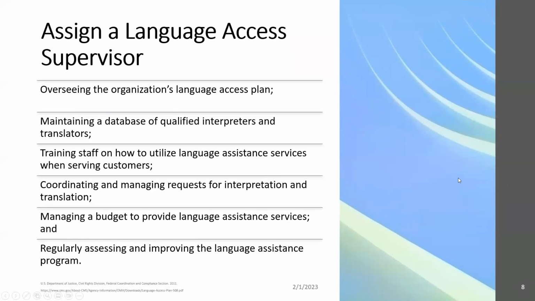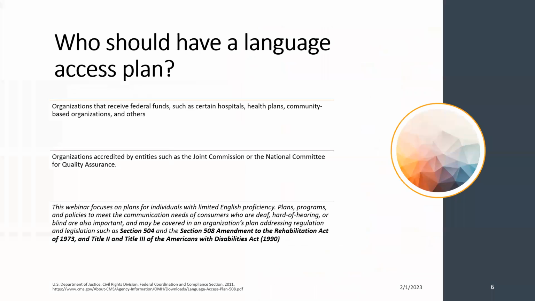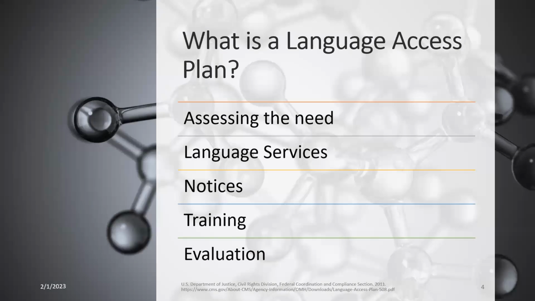I want to go back a little bit just to describe each point mentioned in a language access plan. So when we're talking about assessing the need, we should obtain information about the needs of current and prospective consumers whose preferred spoken and written language is any other than English.